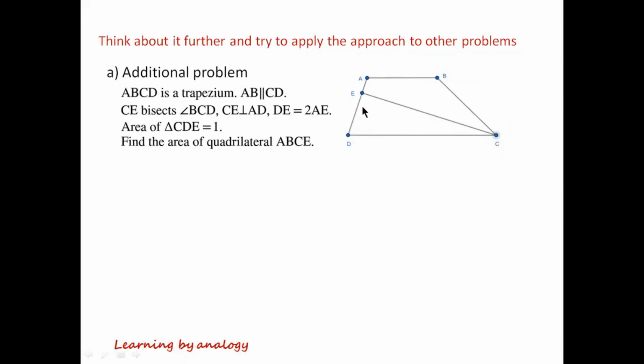CE is perpendicular to AD. DE equals 2AE. Area of triangle CDE equals 1. Find the area of quadrilateral ABCE.